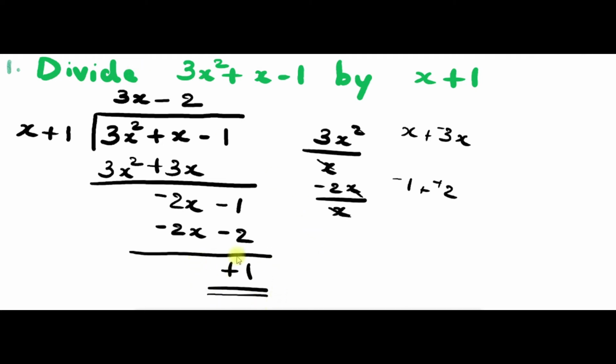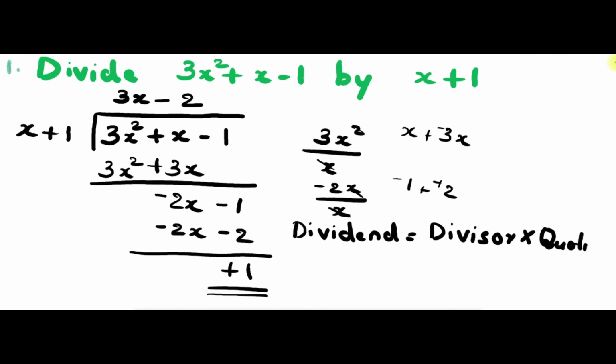So I can write it as dividend is equal to divisor into quotient plus remainder.